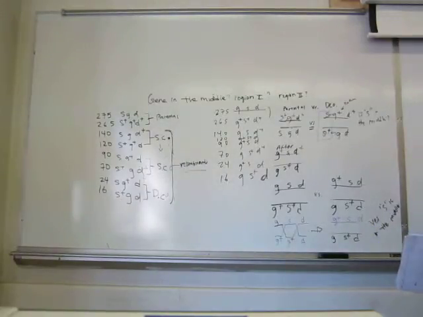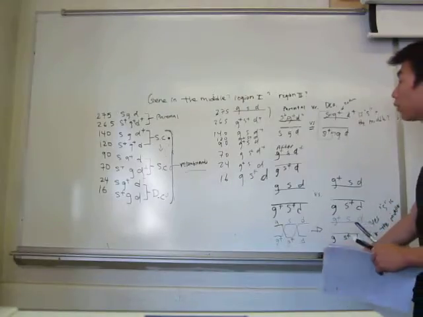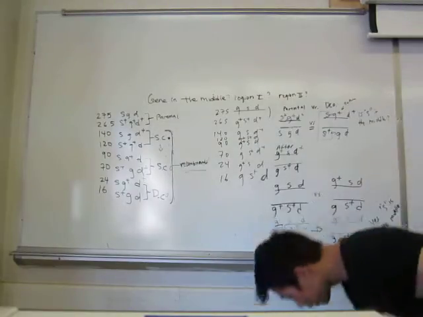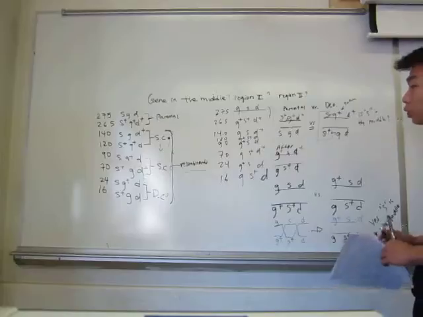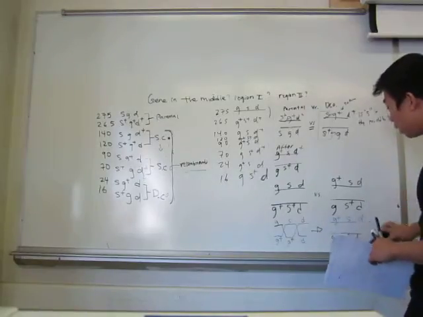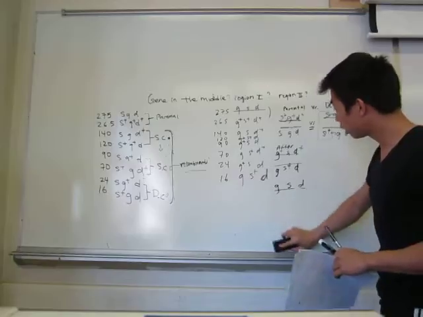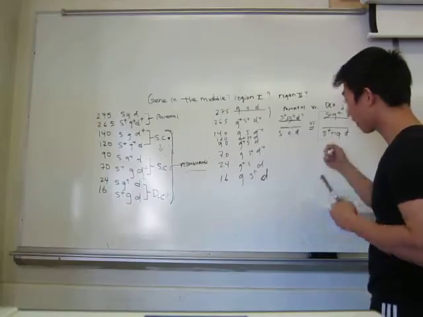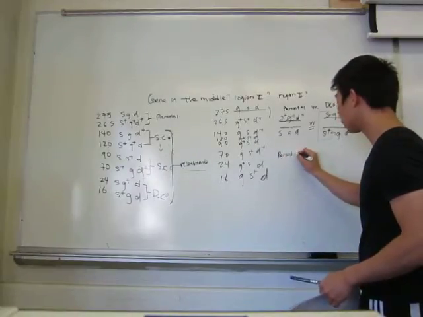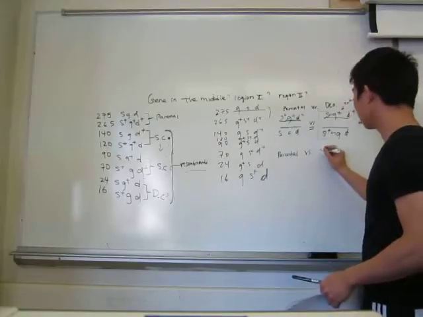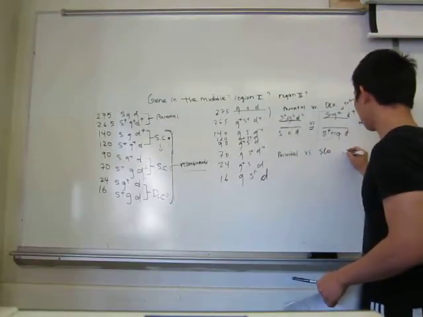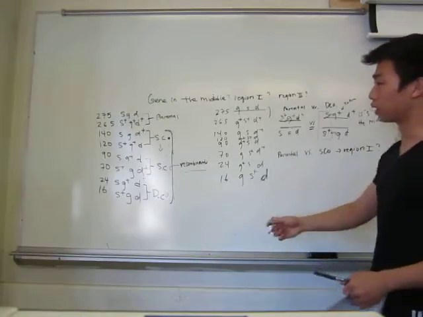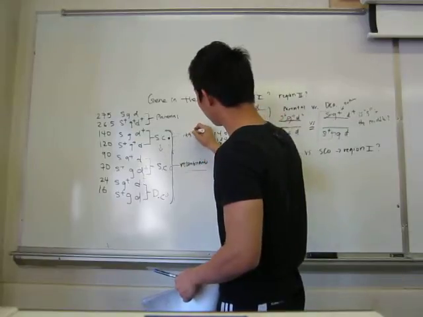Now I want to ask you a question about how I find out which genes are in region 1 and which genes are in region 2. What I would do is compare the parental versus the single crossover, so I'm trying to find which genes are in region 1, because I just labeled this as region 1.